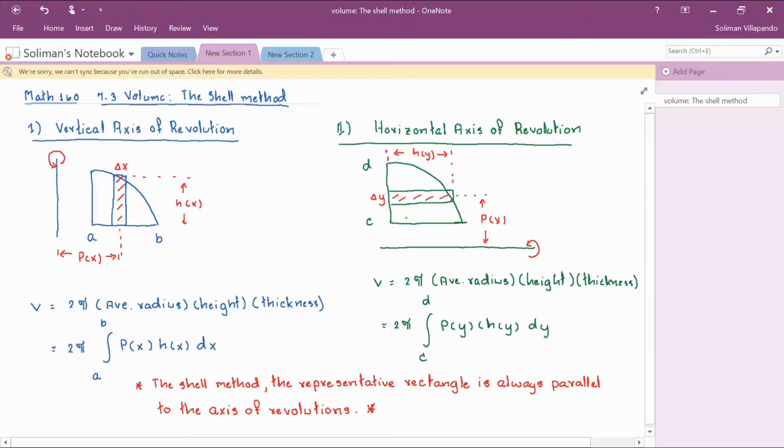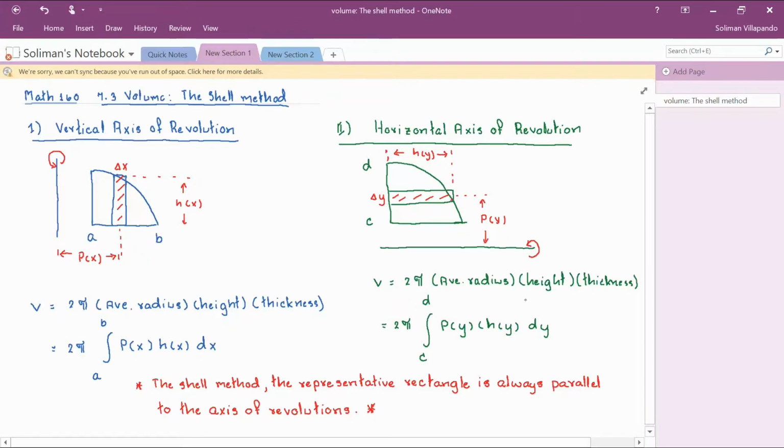And the height is the height of the strip. As you can see, from here to here it is short and getting longer, and the longest will be over here. So the height of the strip is H of y. And the thickness remains the same, which is delta y or dy.